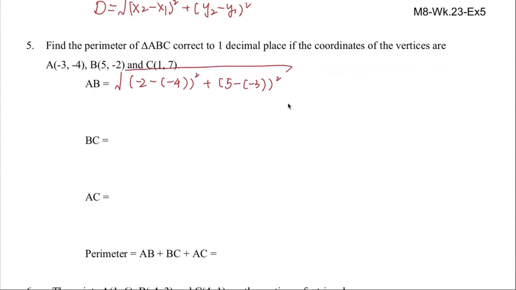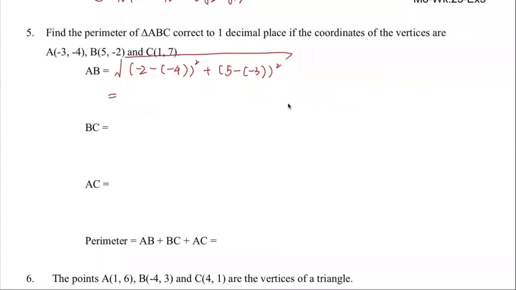Okay, let me write the steps. This is equal to minus 2 minus 4, which is minus 2 plus 4, squared, plus 5 minus 3, that's 5 plus 3, squared.